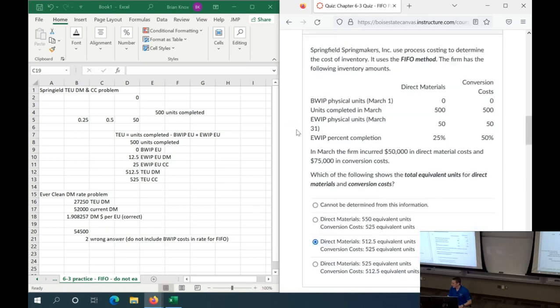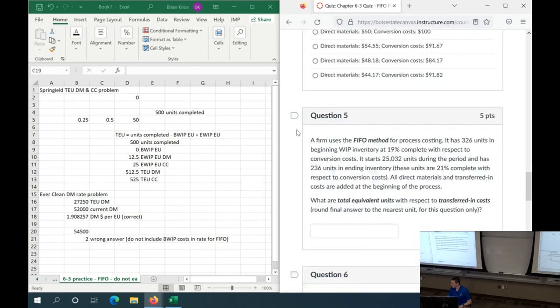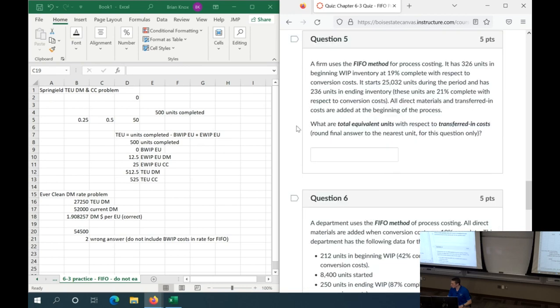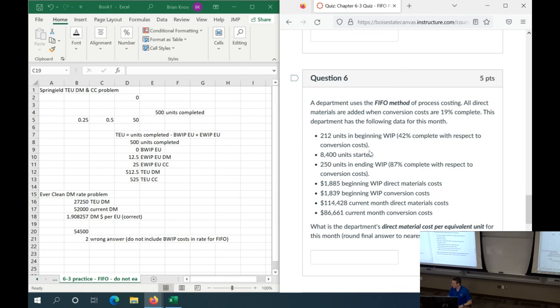All right, let's see if we can find one more, a little more work, let's say. As far as 6-3 goes, this is as comprehensive a problem as we can get, and I want to leave you to it.